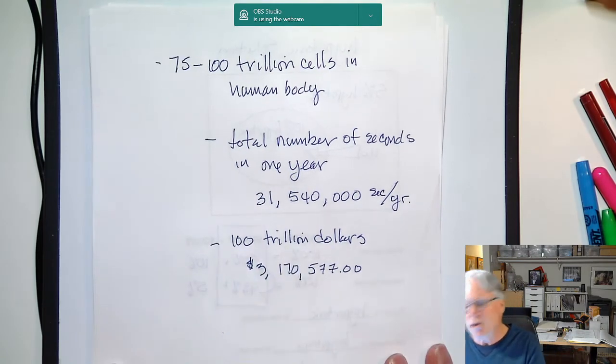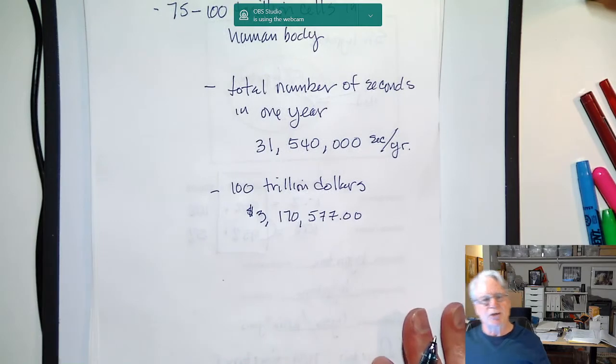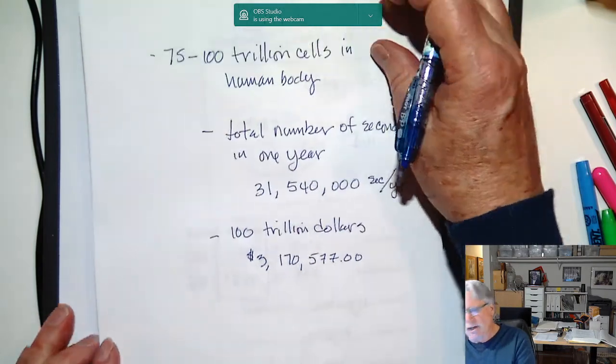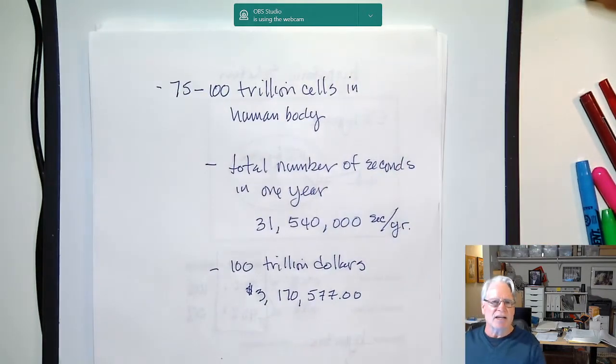If you earn $100 trillion in 1 year, you would be making about $3,170,577 per second. And hopefully that gives you a sense of the problem we've got here. We've got a lot of cells, and each and every one of those cells needs something to be happy. So let's take a peek at that, and then we'll come back to this question about homeostasis.